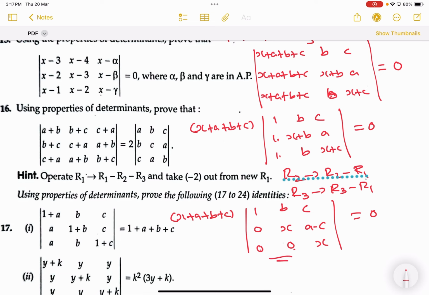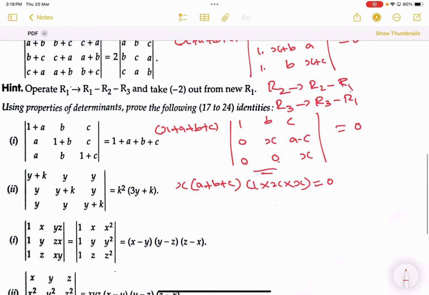Because all the three elements we got 0, these all the three elements we got 0. So what is the determinant of this? 1 into x square. So it is x into a plus b plus c into the product of the diagonal elements. 1 into x will be the determinant, right? Because it is a triangular matrix. Now do it.